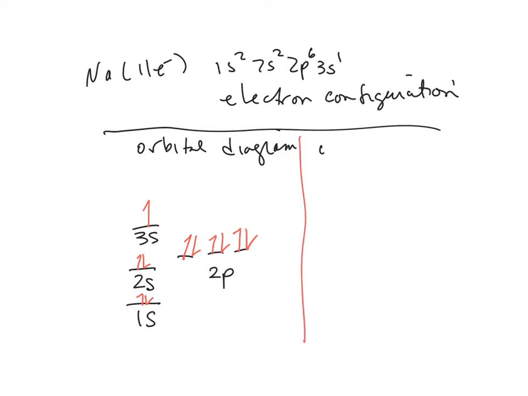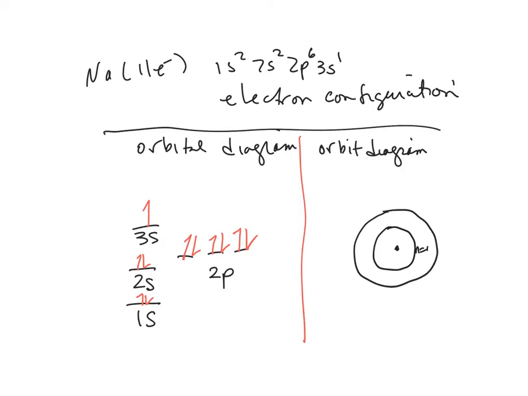And then you have the orbit diagram. This is based on the old Bohr model. The orbital is based on quantum mechanics. The orbit diagram has the nucleus in the middle. You have n equals 1 shell, n equals 2 shell, and n equals 3. For n equals 1, there's 2 electrons.